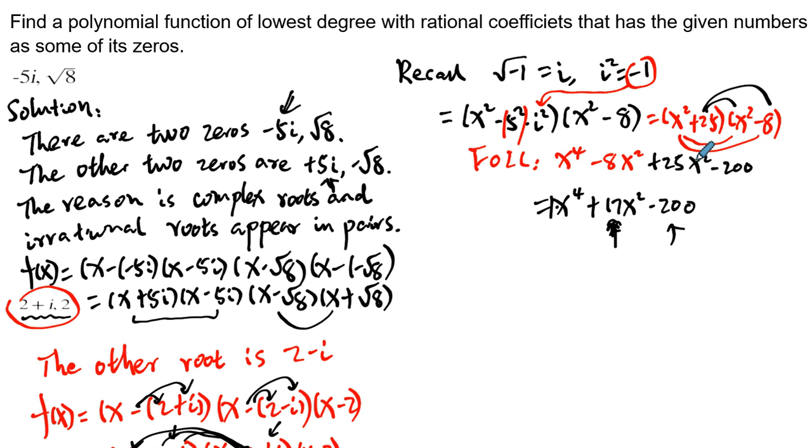And then negative 8 times positive 25 is negative 200. Combine 25x squared with negative 8x squared, you have a positive 17x squared. So final answer is x to the fourth plus 17x squared minus 200. Okay, that's the polynomial we needed.